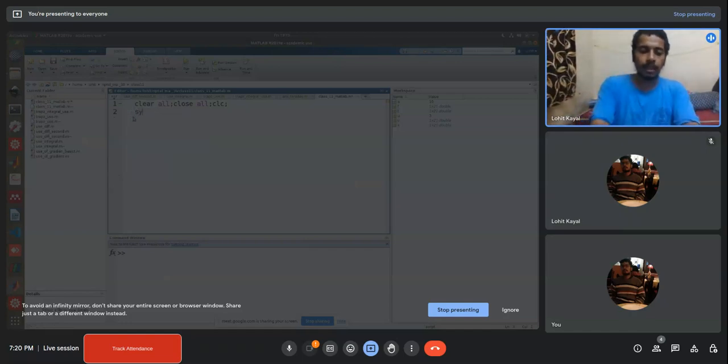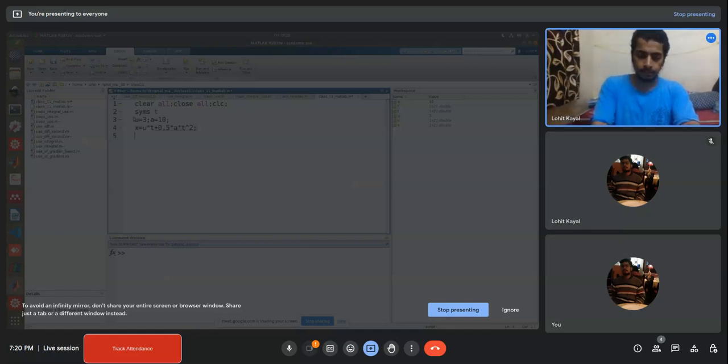Here I need to mention a symbolic variable, t. Again I need to mention u and a, and x will be equal to u times t plus 0.5 into a into t square.